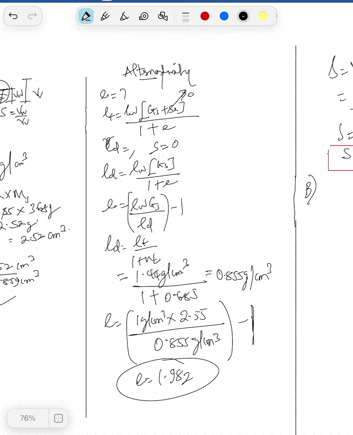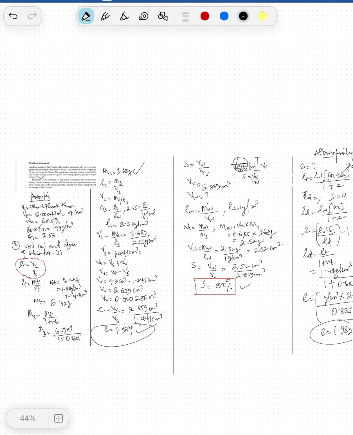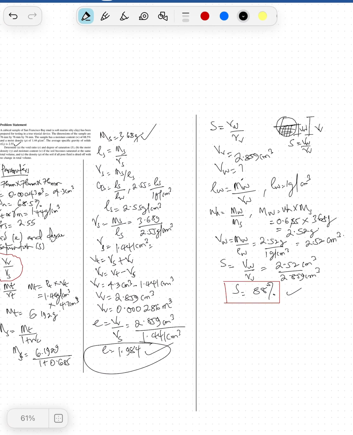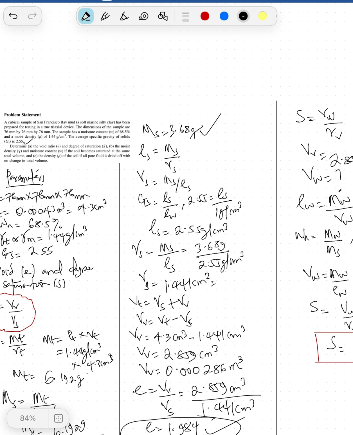Part B of the question says we are asked to find the moist unit weight and the water content if the soil becomes saturated.